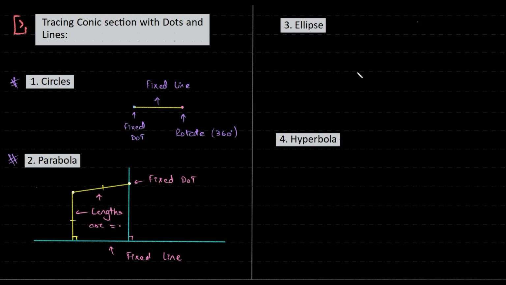How do you draw an ellipse? For this we need two lines which are again perpendicular, two straight lines. And then we will need how many points? Yes, two points which are equidistant from this particular point. Now if I pick up any point on the ellipse, the condition is the following.